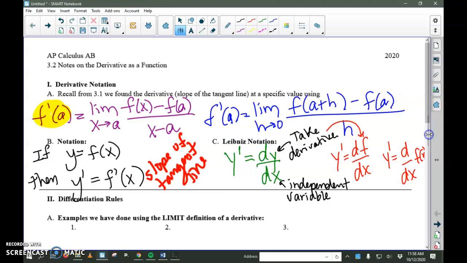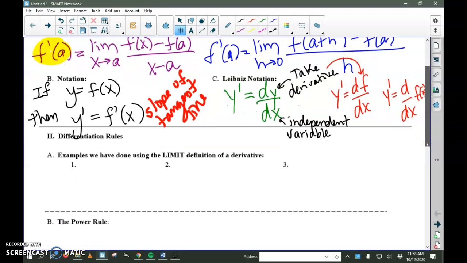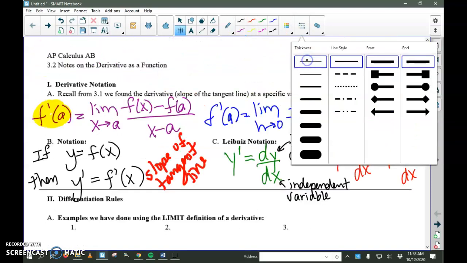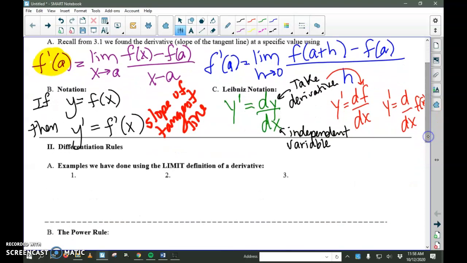Okay, so let's talk about some patterns that are going to emerge when we apply these limit definitions of a derivative. So we've done several examples using these limit definitions of a derivative. And one of the examples that we did was saying, hey, if I have f of x is equal to x squared minus 7, and I use my limit definition of a derivative to work through the process, generically speaking, we find that f prime of x, or the equation that would give me the slope of the tangent line to the curve at any x value, we found that just to be 2x.